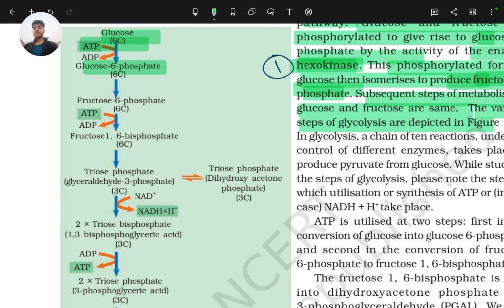forms glucose 6-phosphate, which then isomerizes to fructose 6-phosphate, and fructose 6-phosphate, at the cost of 1 ATP, is converted into fructose 1,6-bisphosphate. Then by the enzyme aldolase, two molecules form, that is triose phosphate: glyceraldehyde 3-phosphate and dihydroxyacetone phosphate.